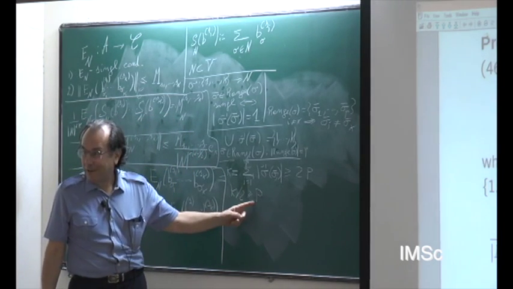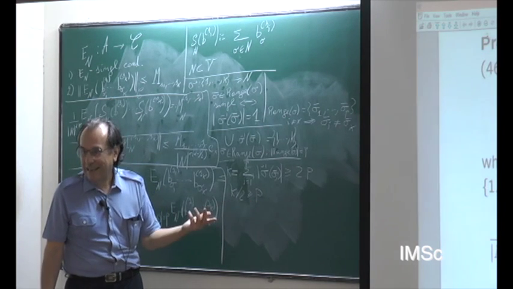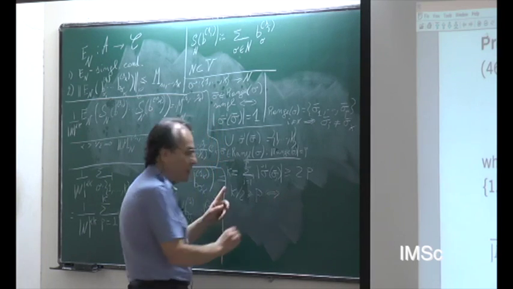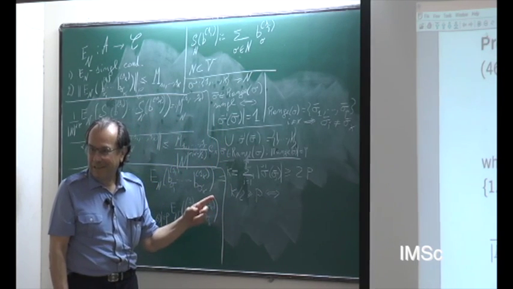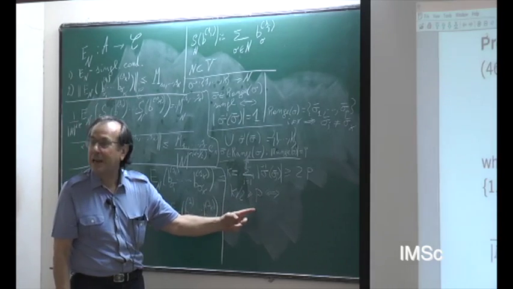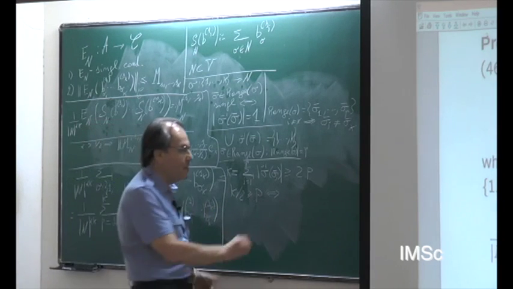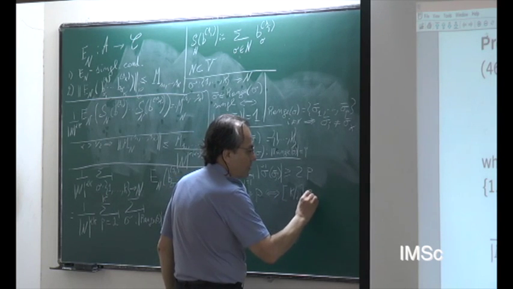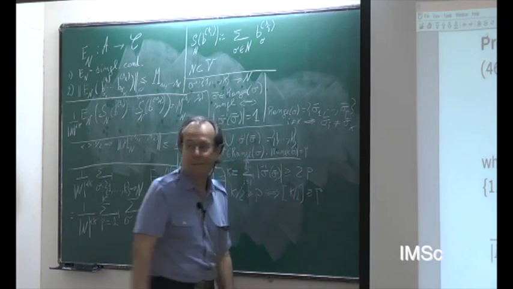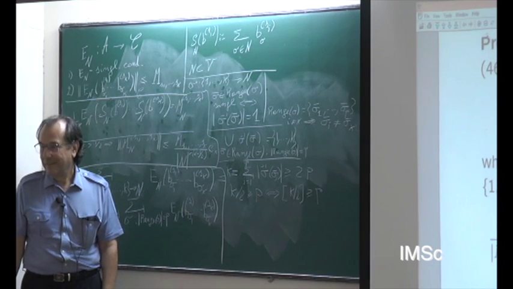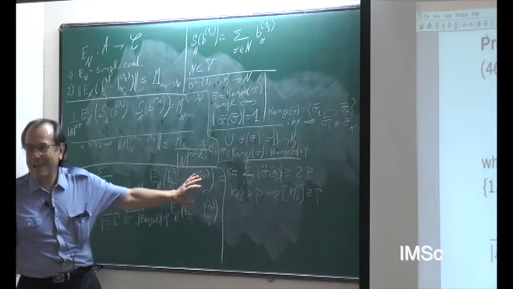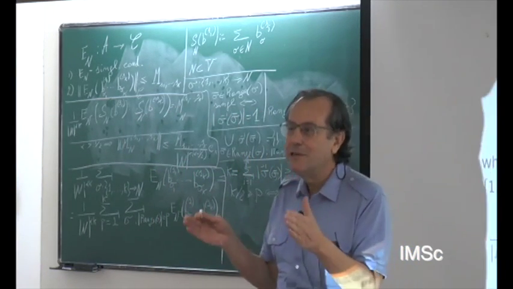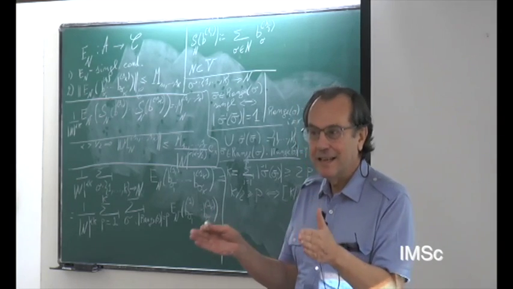But p is an integer. It's a cardinality, so it's an integer. So this is equivalent to saying, because k can be even or odd, and if k over 2 is greater than an integer, it means that the integer part of k over 2 is greater or equal than p. You see? This is a very simple calculation, but this is the fundamental, deep reason why Gaussianity emerges.